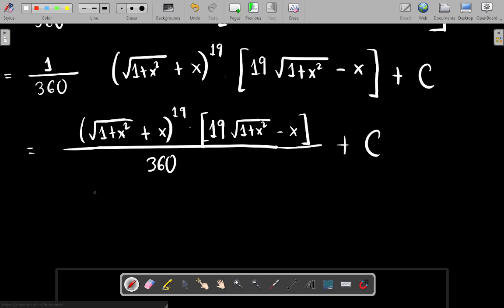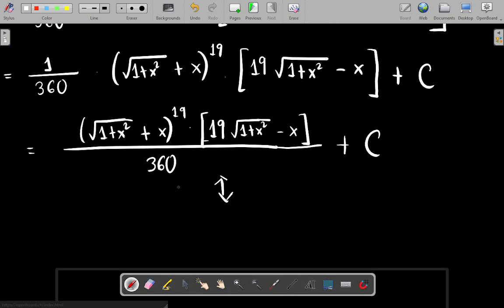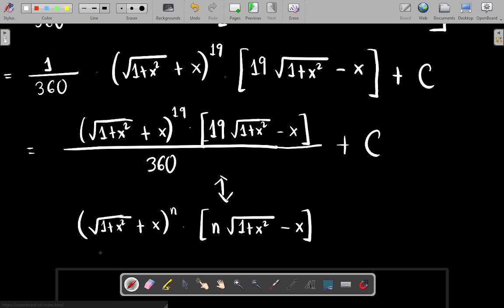Okay, so let us compare this with the given answer: square root of 1 plus x square plus x whole raised to the power n times square root of 1 plus x square minus x, whole thing divided by m, plus c.